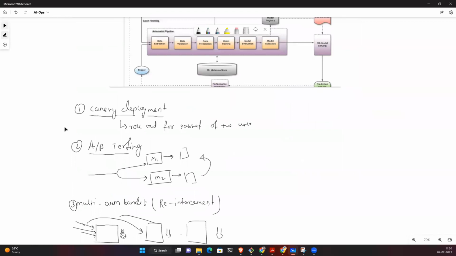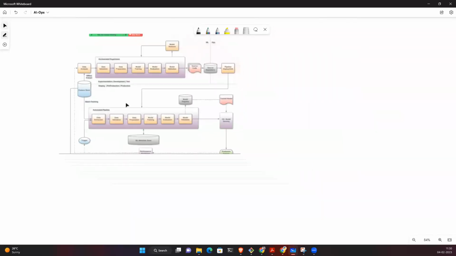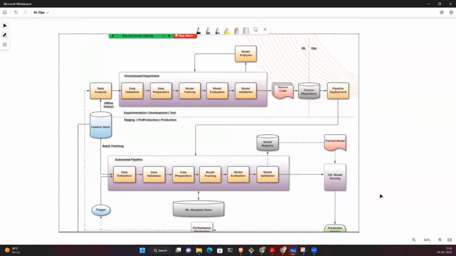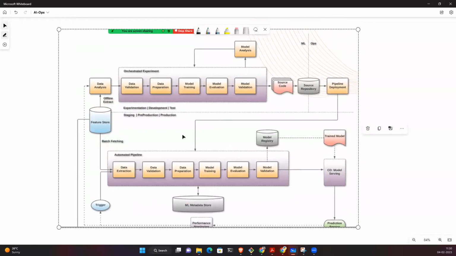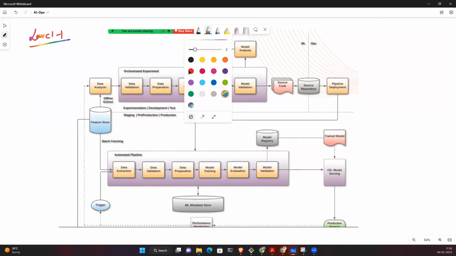So let's talk about level 1 here. In level 1, what are the things we are doing?